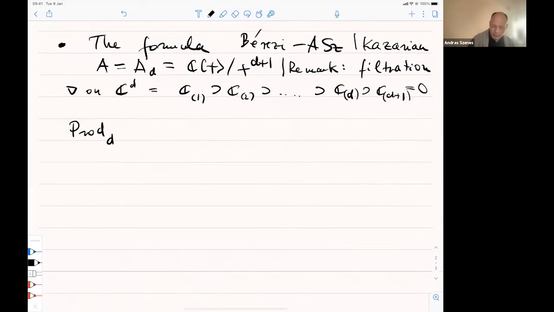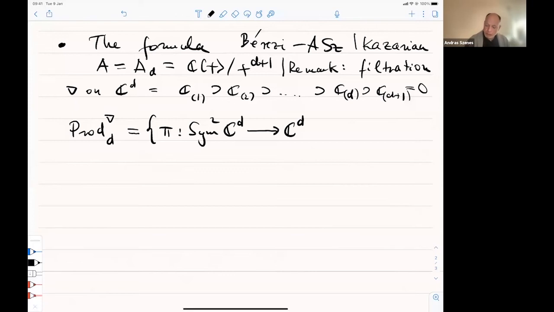D is just our permanent index now. And I put this little sign there, marking that I'm only looking at products which are consistent with this filtration. These are just maps pi from Sym^2 of this filtered vector space into C^D.